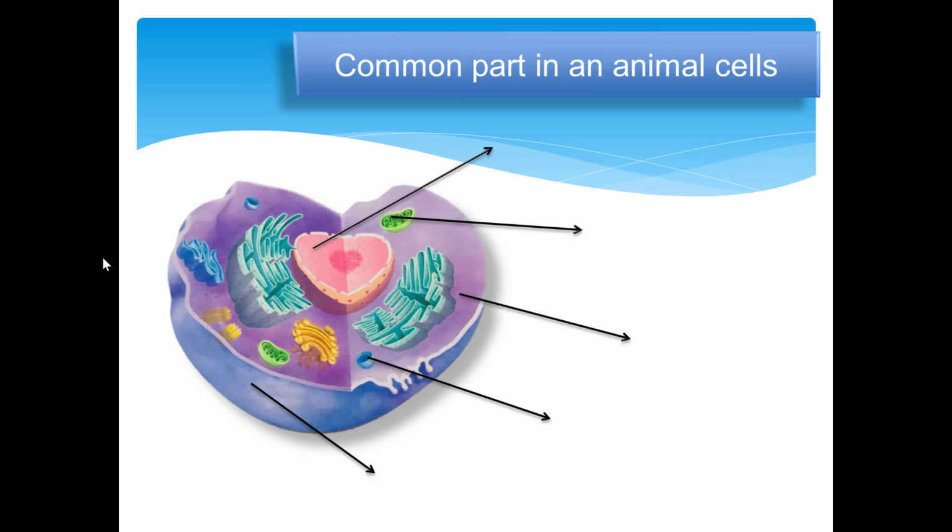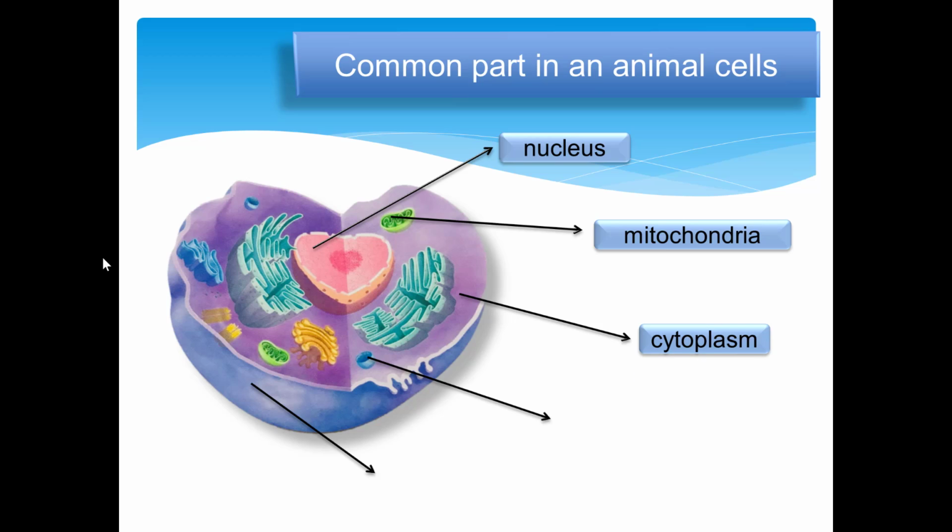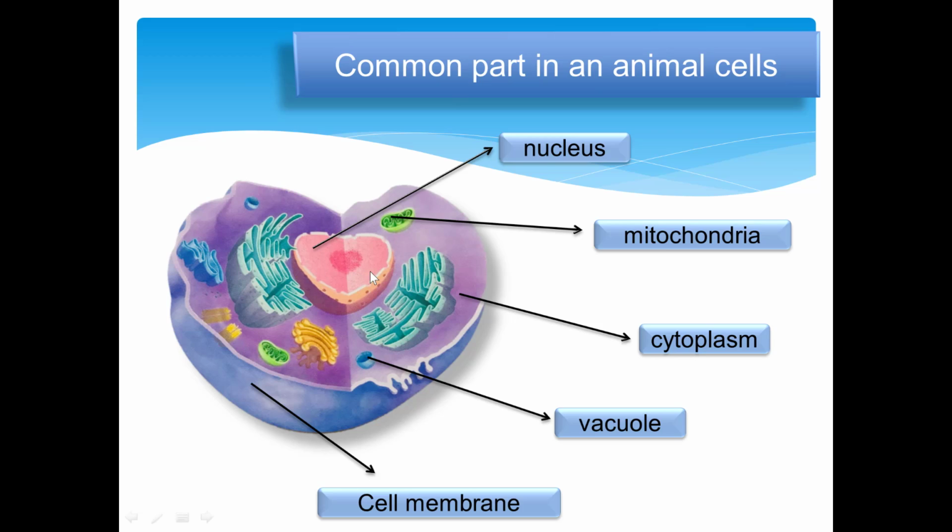We have common parts in animal cells. So, we have nucleus, mitochondria, cytoplasm, vacuole, and cell membrane. Here in the center of the cell we have the nucleus, and here the mitochondria.